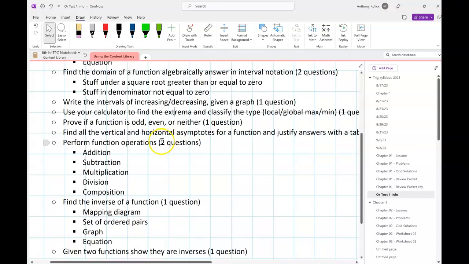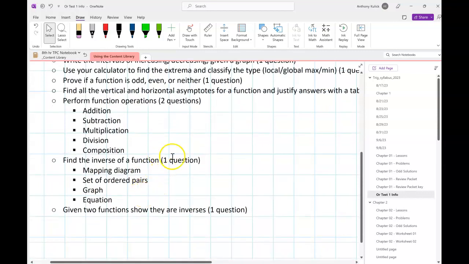2 questions where I ask you to do function operations, so add, subtract, multiply, divide, or compose 2 functions. 1 question where I ask you to find the inverse of a function, and I might give you that function as a mapping diagram or a set of ordered pairs or a graph or an equation.